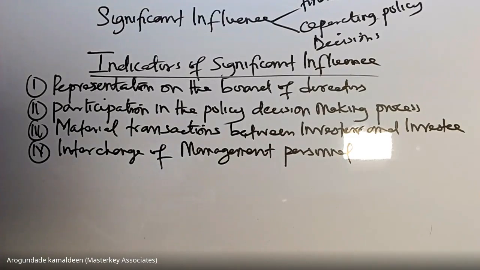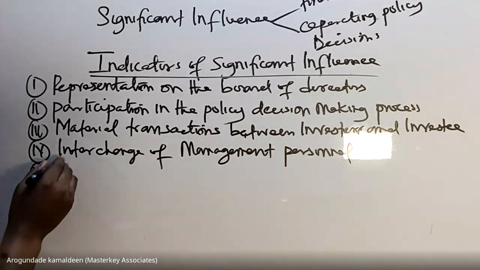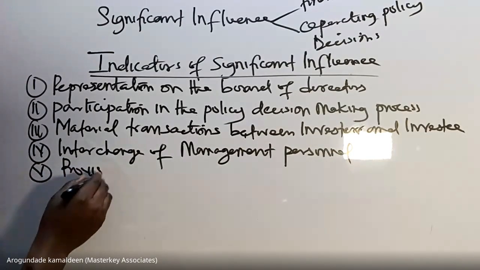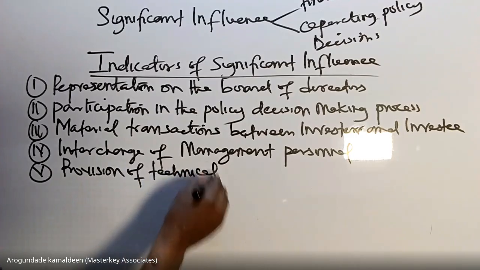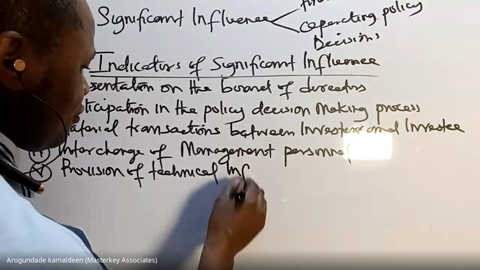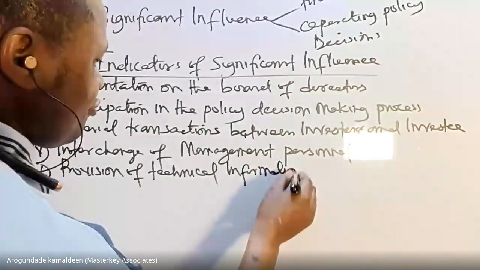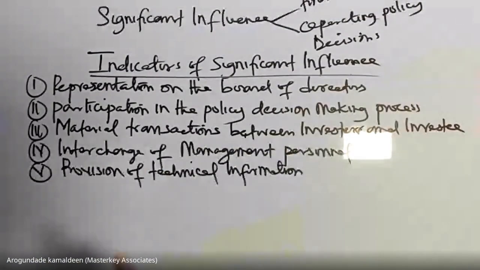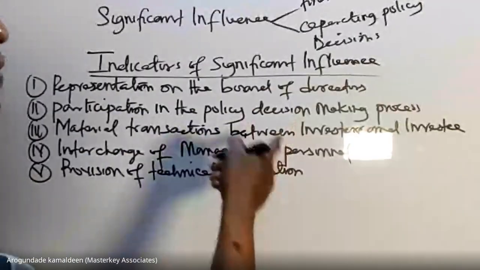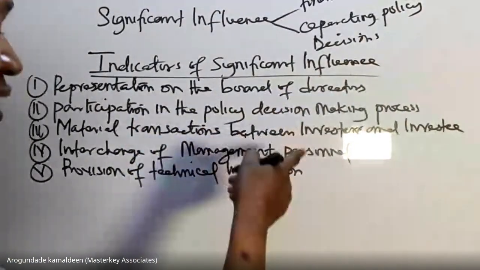The next now, provision of technical information. There could be an exchange of important information between the investor and the investee. The investee there, class, is the associate. Is that clear?